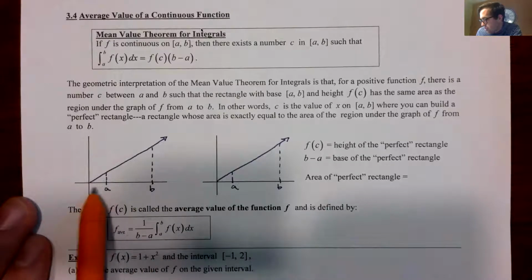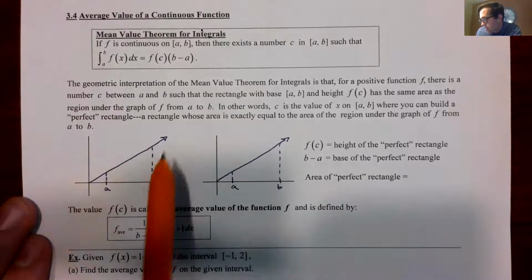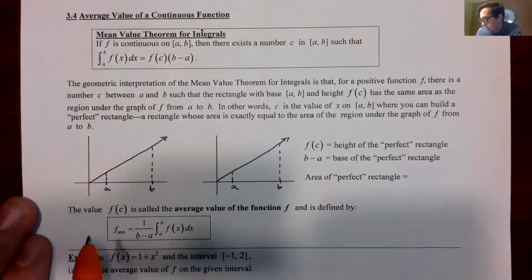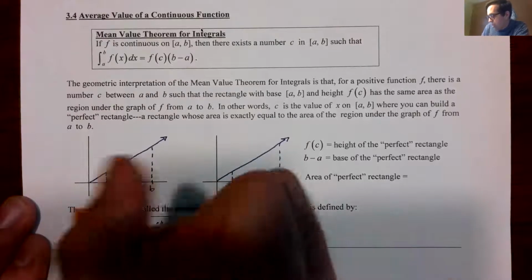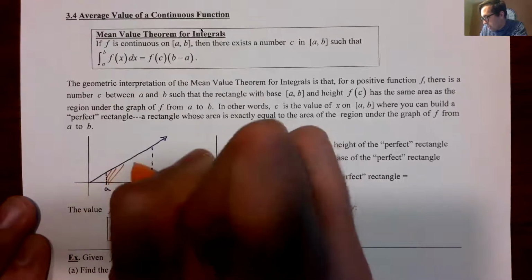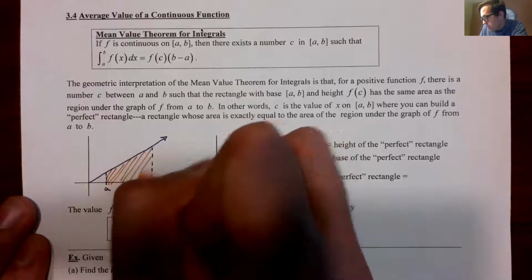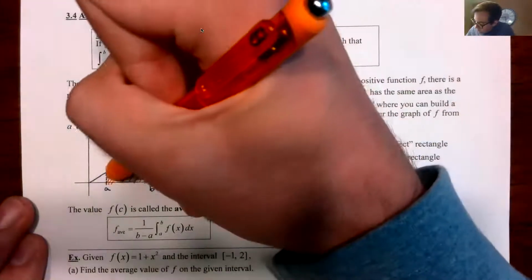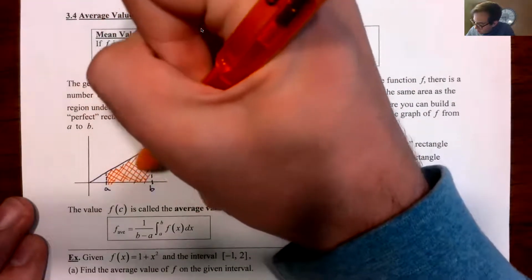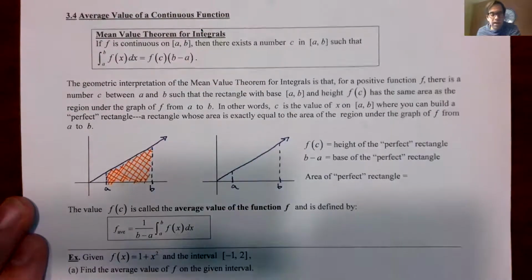So in this first graph, it doesn't matter what the equation of this line is, but we know that if we were going to find the integral from a to b, it would be the area under the curve. So I'm going to shade that in for us. There's some area there that is the area under the curve, and that's our integral.